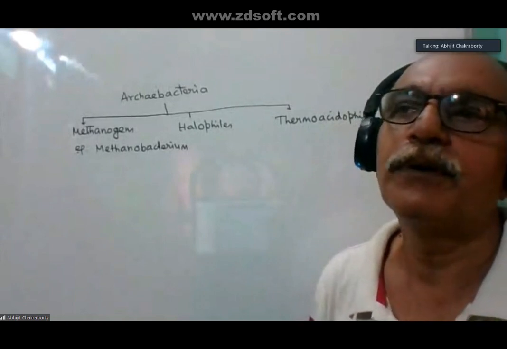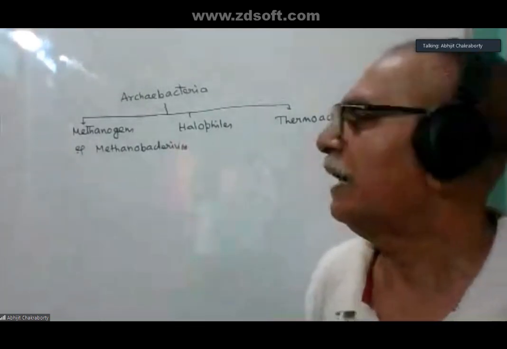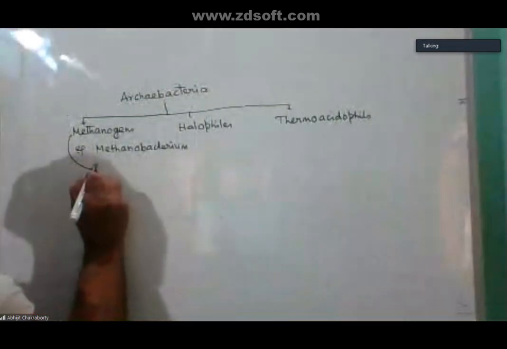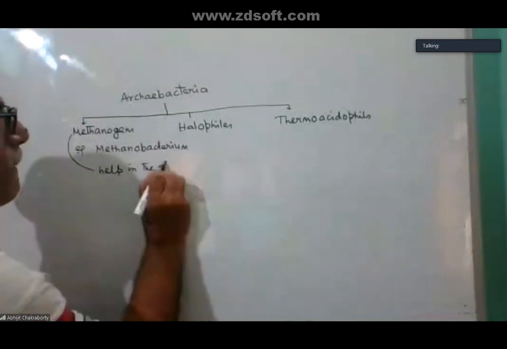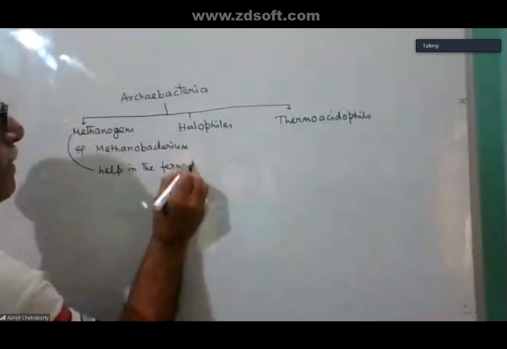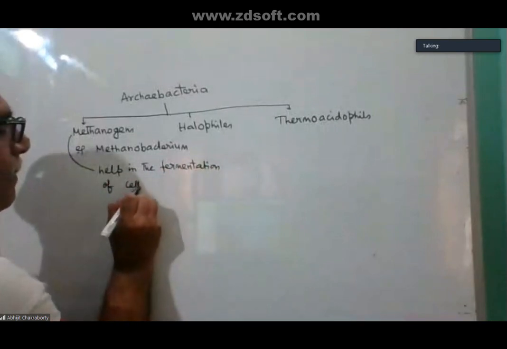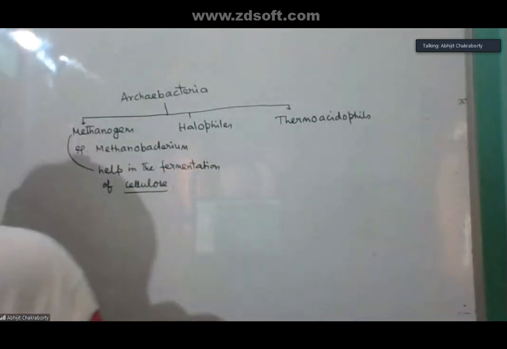And methanogens help in the fermentation of cellulose.